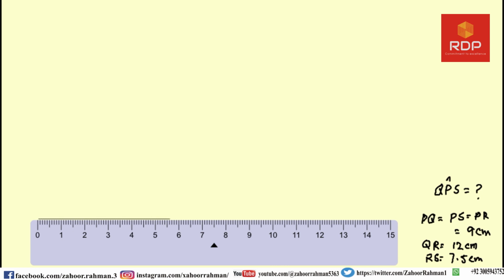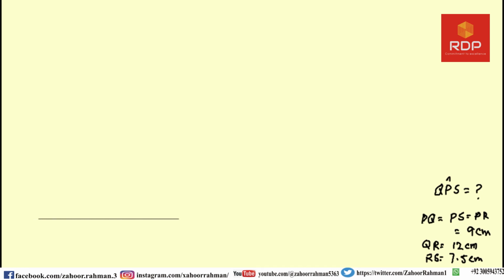So I am drawing it as 6 centimeter, and let me label it because they gave us QR is 12 centimeter and I took it as 6 centimeter. So I am writing 6 centimeter. You have to take it 12 centimeter. The answer will be the same. After the necessary calculation, we will get the accurate answer.